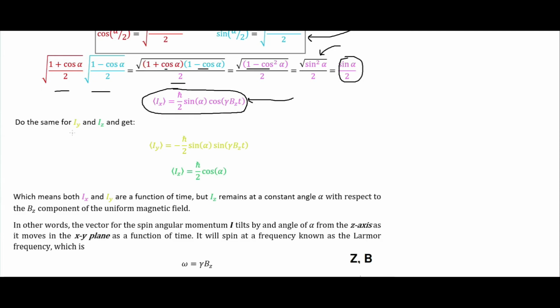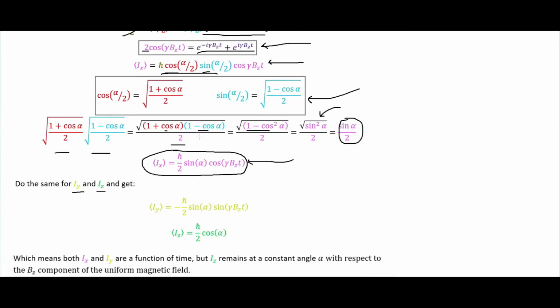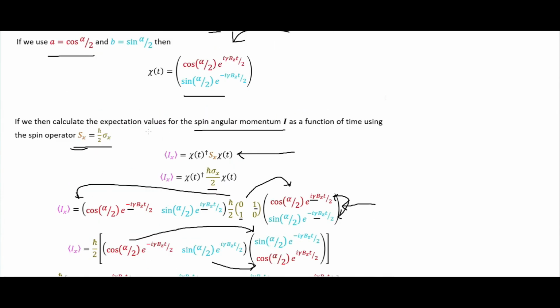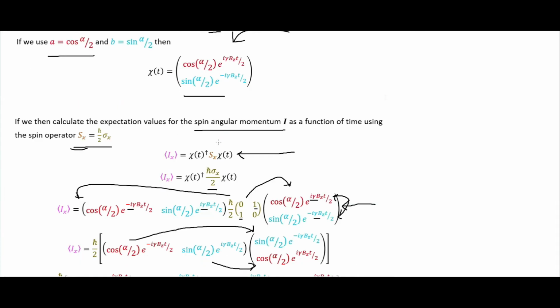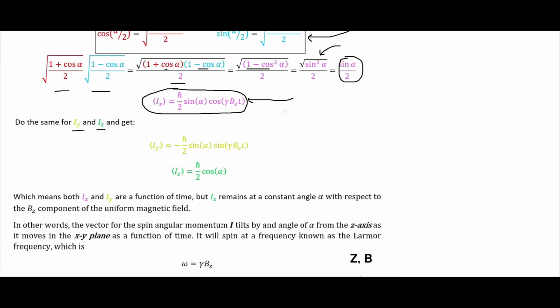And if we did the same thing for our y and our z component, so remember up here we're just looking for the x component, and so this right here in this pink was just the x component, and these are the y and z components. And so the thing to notice is that our x component and our y component both have this cosine and sine with a t in it.